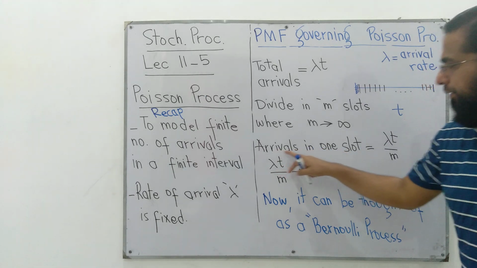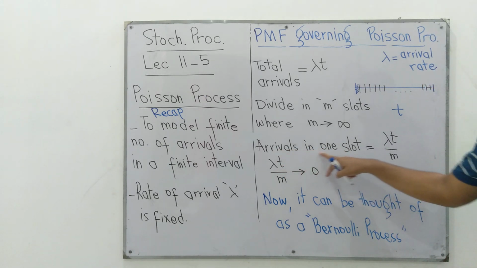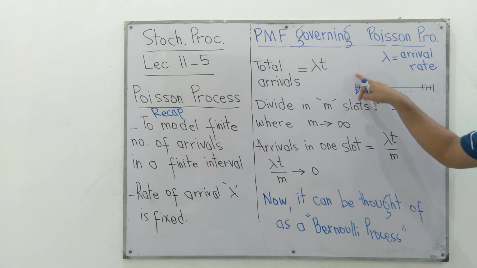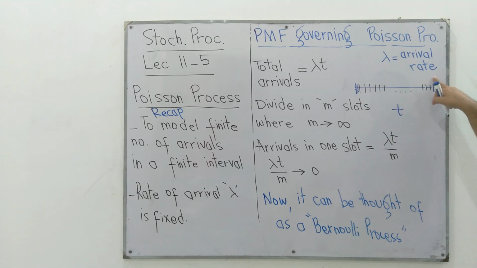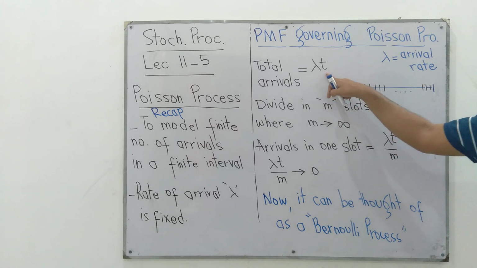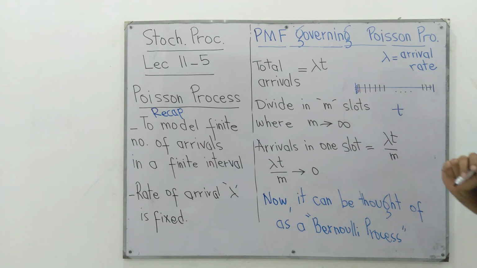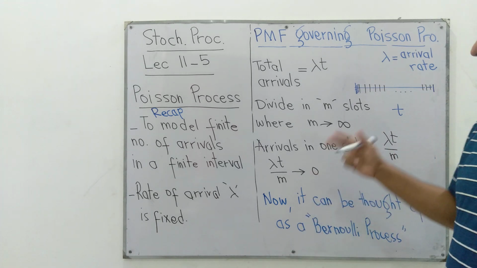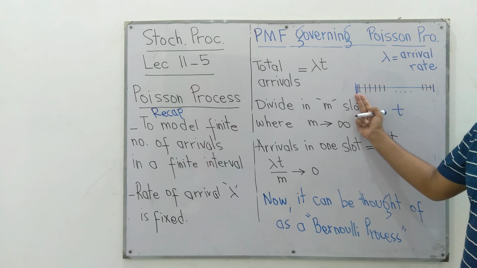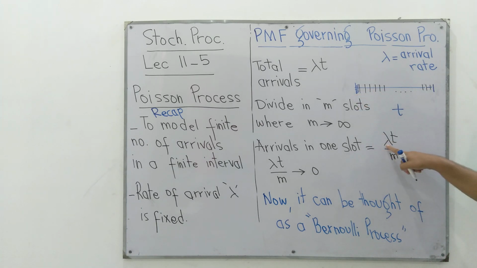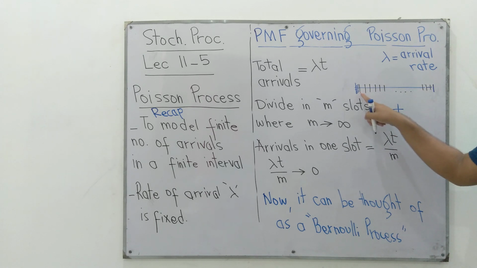How can we write the number of arrivals in one slot? The total number of arrivals with this arrival rate in this whole span is lambda times t. If we divide it in m slots, where the number m is very large, this means the width of each slot is very small, but the expected number of arrivals in one slot is lambda t over m, where m is the number of slots in which we have divided this whole span.